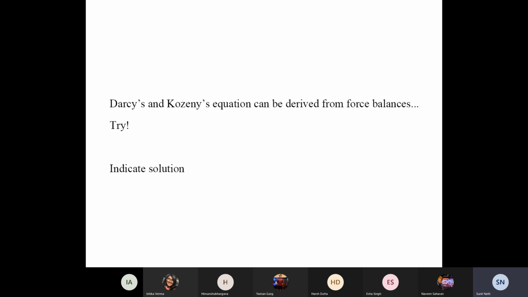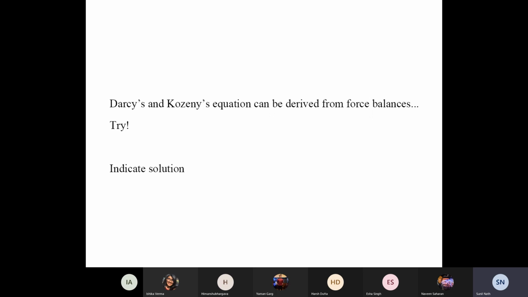I have not given the steps here, so I guess I just wrote the final expression. Okay, we can outline that. Suppose the packed bed has unit cross section and length L. So the volume of the particles in that bed of unit cross section is just L into 1 minus E, where E is the void fraction.